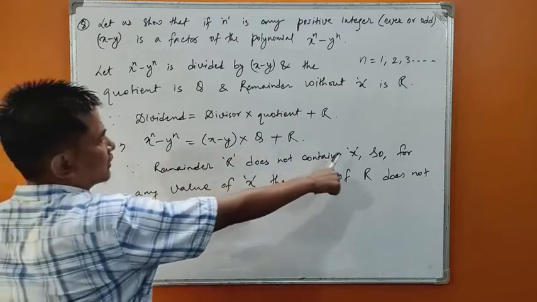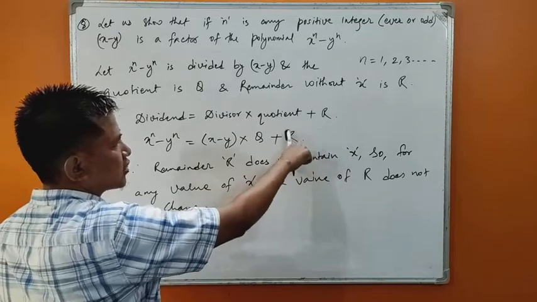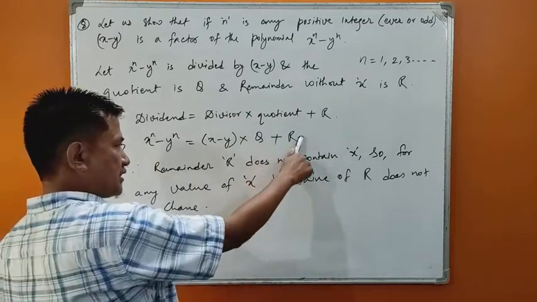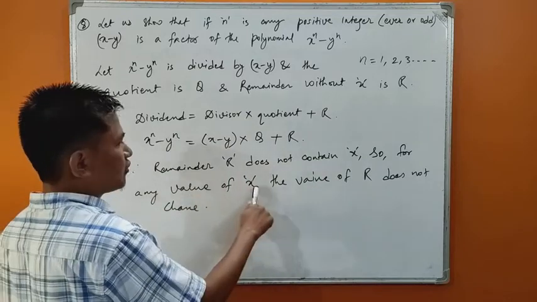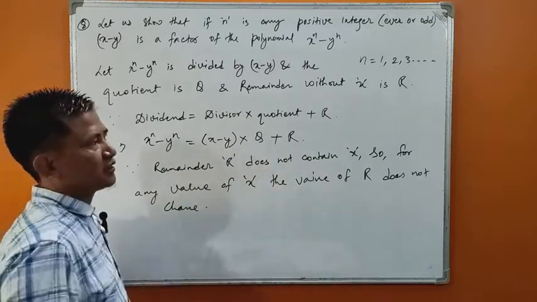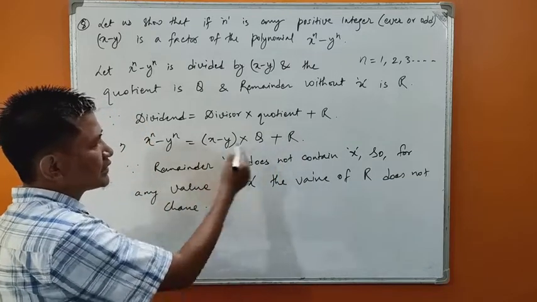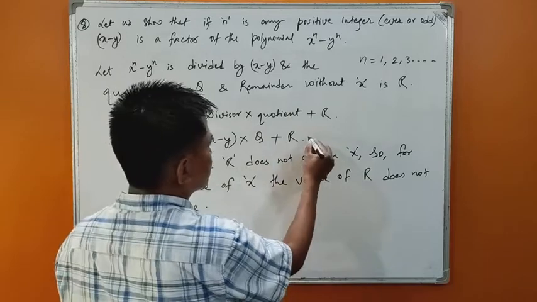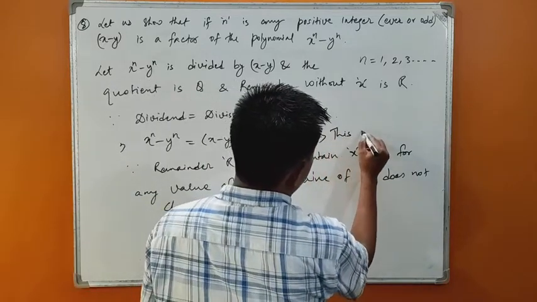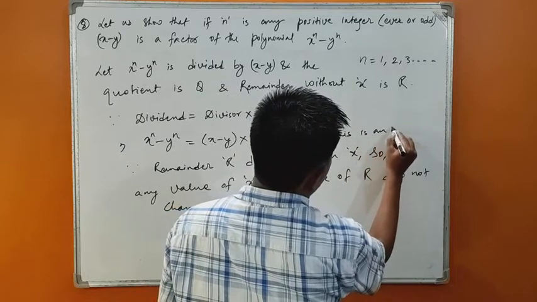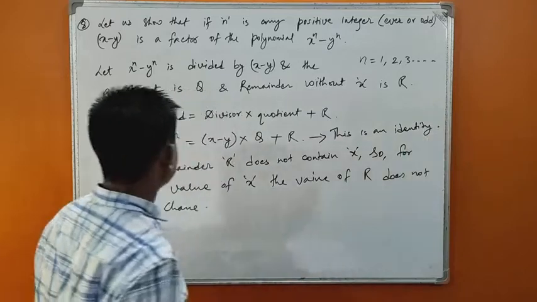This r is free from x. This is a constant number. So for any value of x in this identity, the value of r does not change. This is an identity.